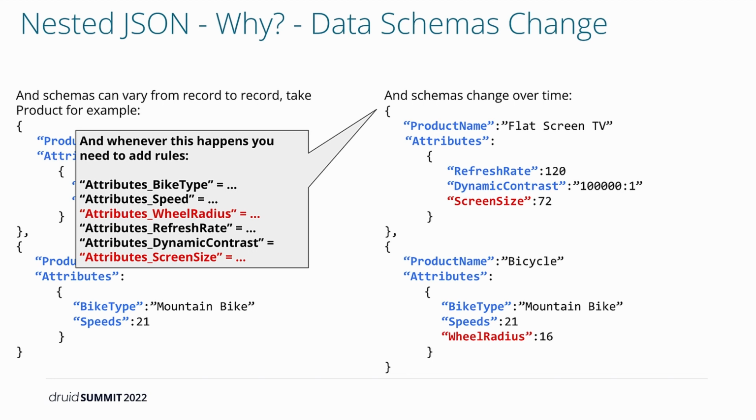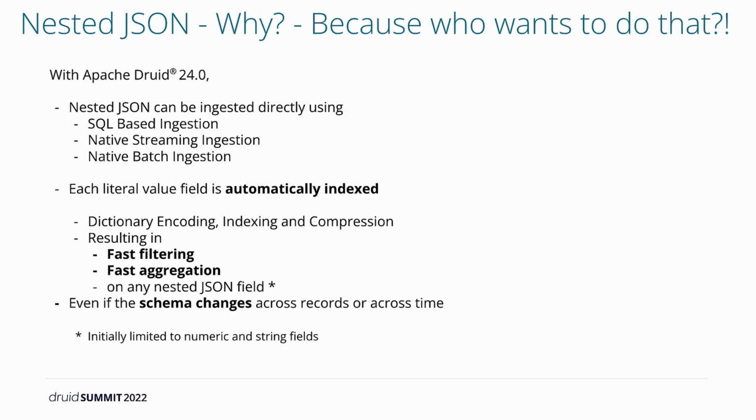We would have to continuously update the mapping rules for any of the new features, and we'd have to know that there are new fields within the JSON structure in order to do this. So that sort of drives the motivation for doing this automatically. Because who wants to do all that? Who wants to keep up with the changing schemas and having to change the flattening rules? So that's why we want to do it automatically.